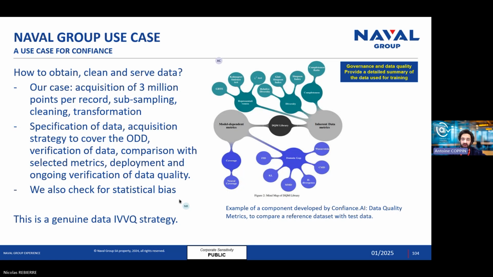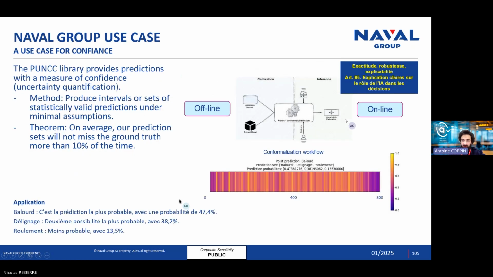So in the right-hand corner, I took a screenshot of his paper. I didn't use all of the library, but I used part of it to test it for my use case. The DQM library is a component developed by Confiance.ai, and it was able for me to find the domain gap between my data, the data I acquired on my own. You can switch to the next slide, Nicolas.